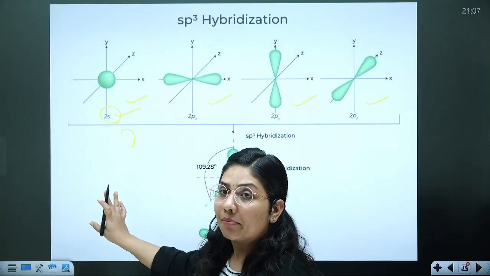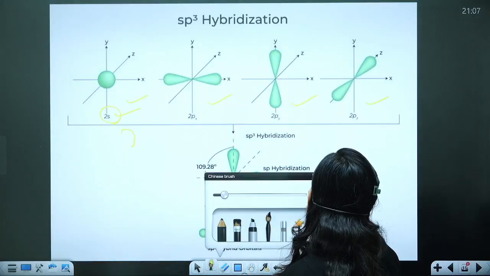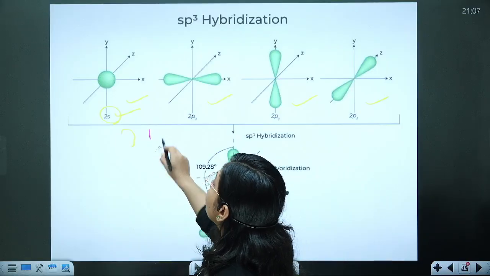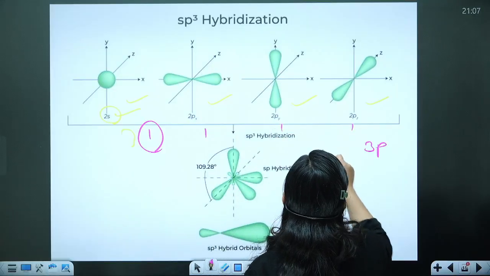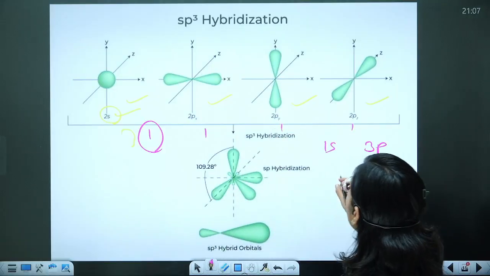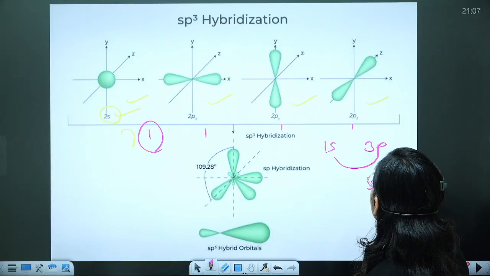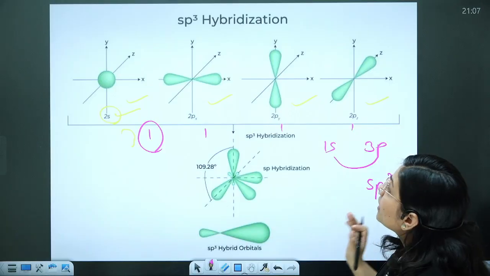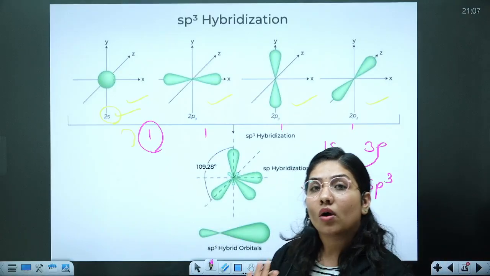This is the name, we are asking about the number. So 1 s orbital is here, 1 plus 1 plus 1, 3 p are there, 1 s is there. So the name of the hybrid orbitals will be sp3 hybrid orbital.